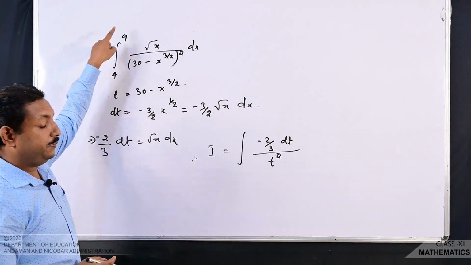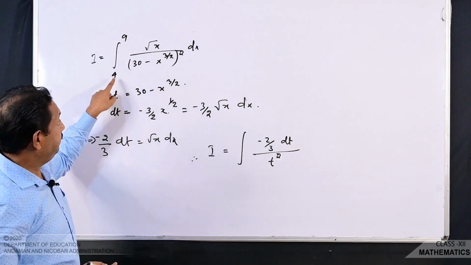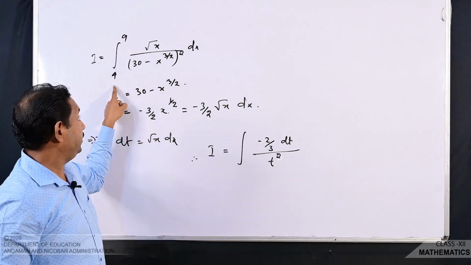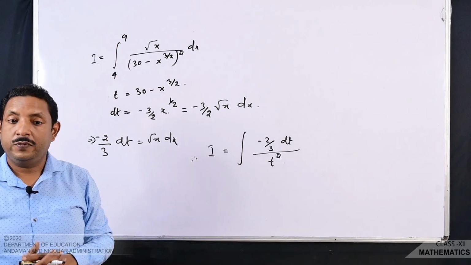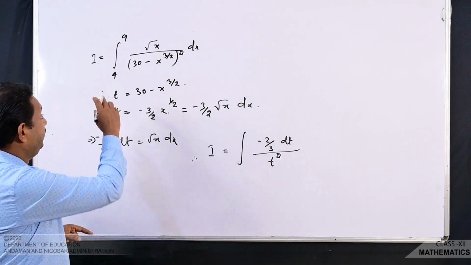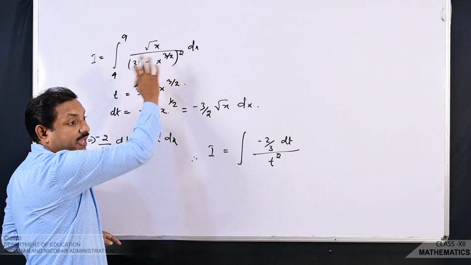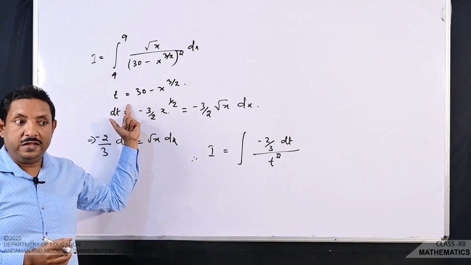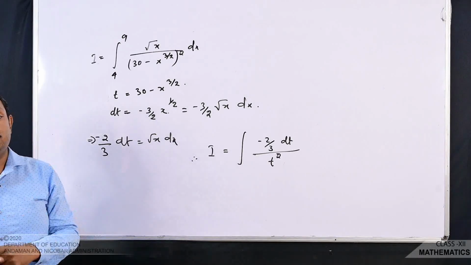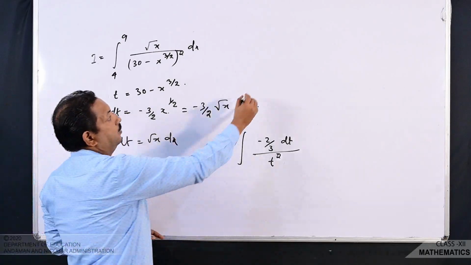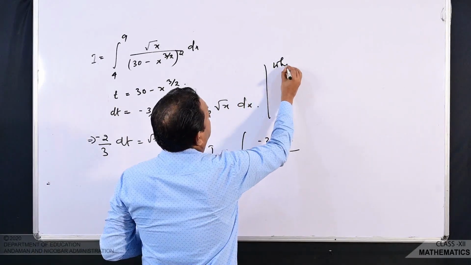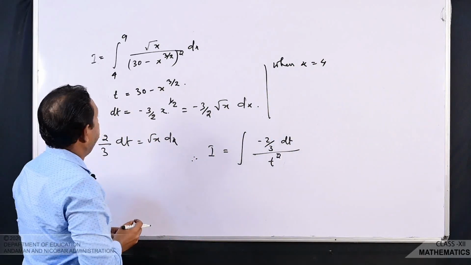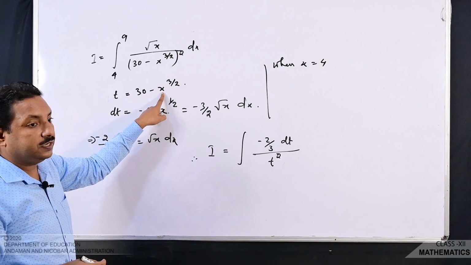So, what about this limit? Will there be the same limit, the lower limit 4 and the upper limit 9? Exactly not. This limit is for the variable x, but here we are changing the variable to t, that means your limit also changes. So, when x equals 4, you put it here.